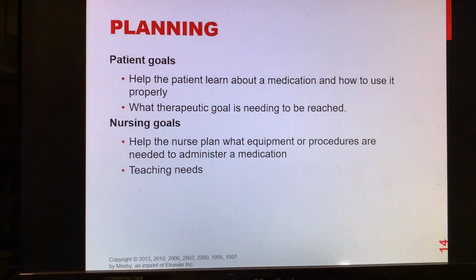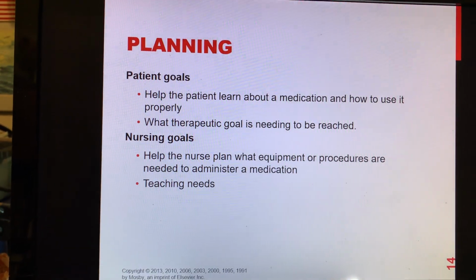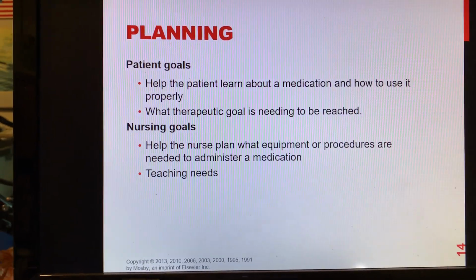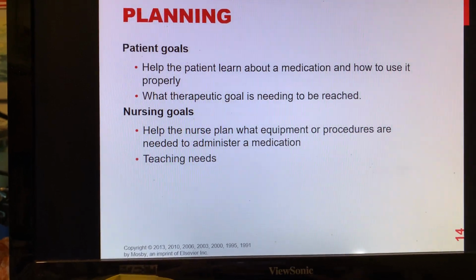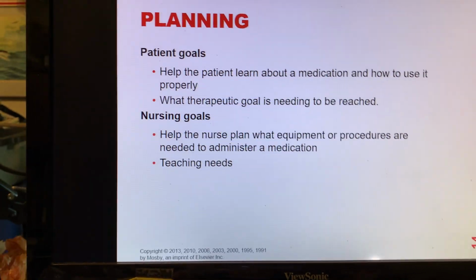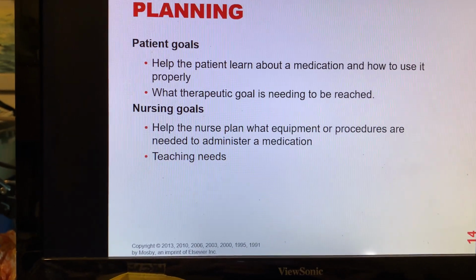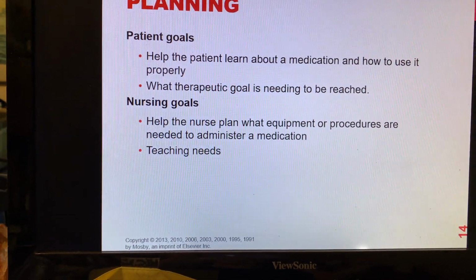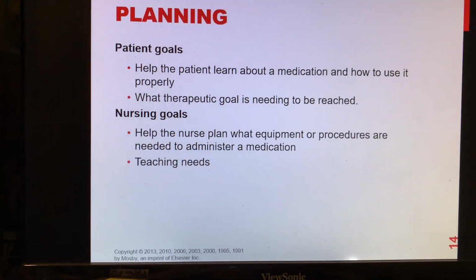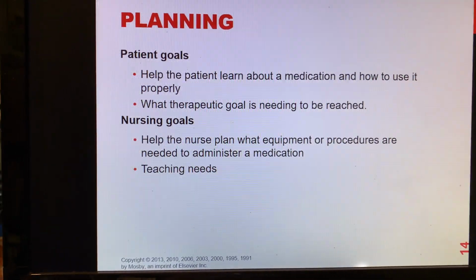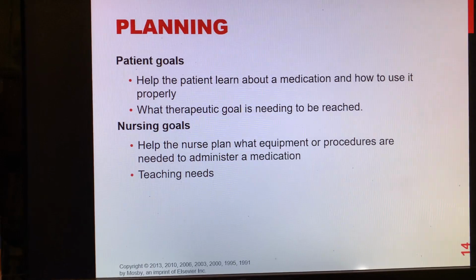We need a glucometer. We need cotton balls, we need test strips, we need alcohol wipes, we need batteries for the glucometer. These are all things that you, as the nurse, need to have ready and gathered for the patient as you begin to teach him or her how to check his own blood sugar.